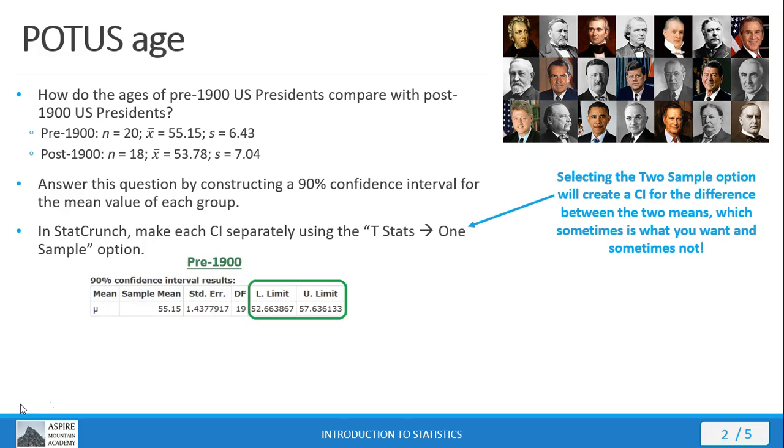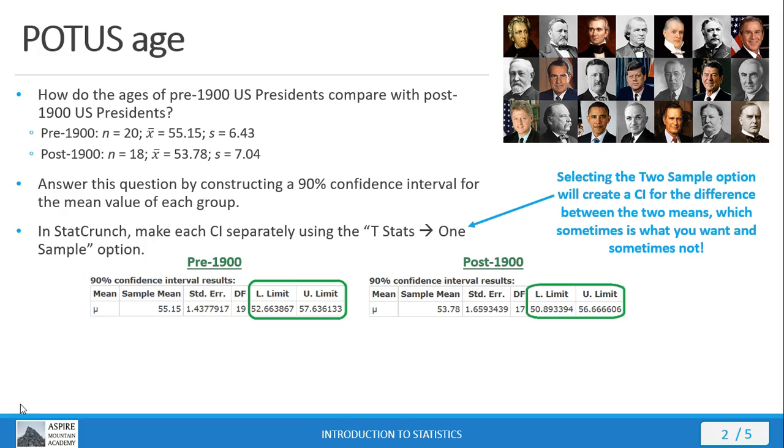When we put that data into StatCrunch, here's what we get for the pre-1900 group. Here's what we get for the post-1900 group. So looking at the lower and upper limits, they seem to be almost entirely overlapping. So what can we conclude about the age preference for the two groups?